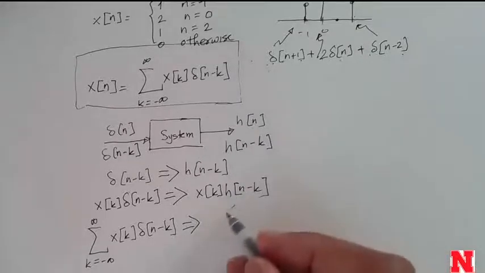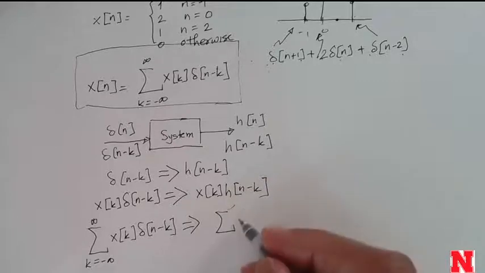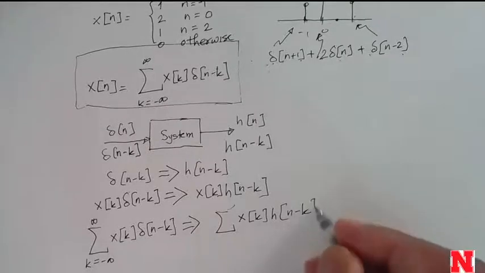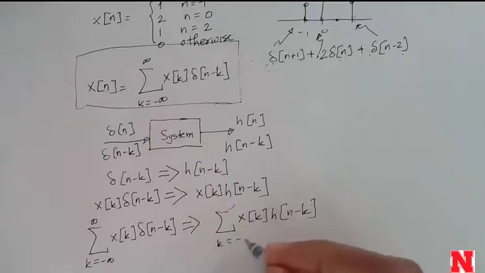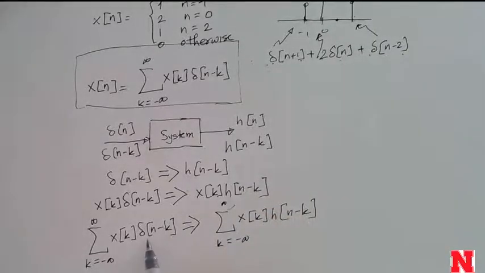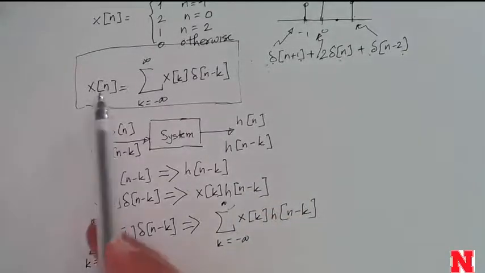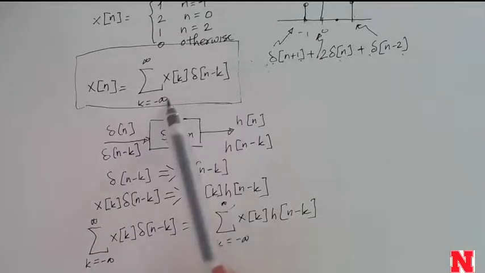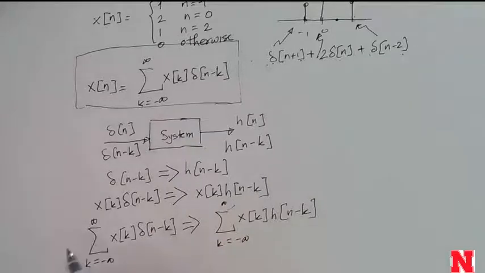So this will become summation x of k h of n minus k, right? So k equals minus infinity to infinity. But this, we already said up here, we said x of k delta of n minus k, k equals minus infinity to infinity, is just x of n.